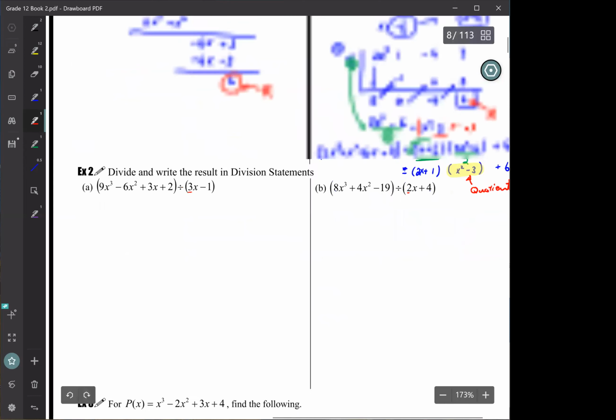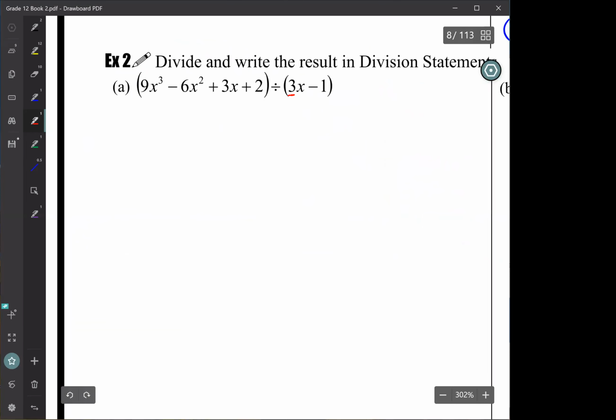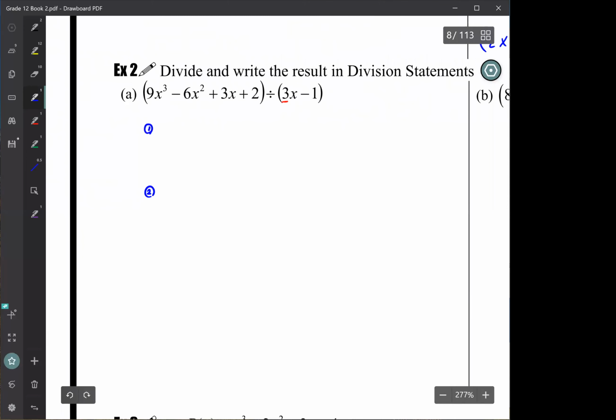So let's start with question A. I'll let you try. Follow step 1, step 2. And then when you finish the dividing, please write out the division statement. So connecting everything together.